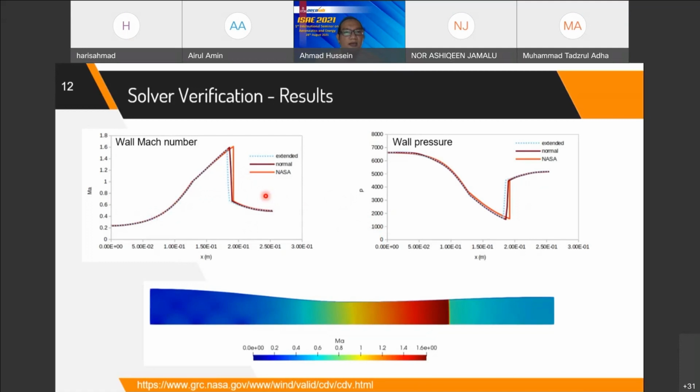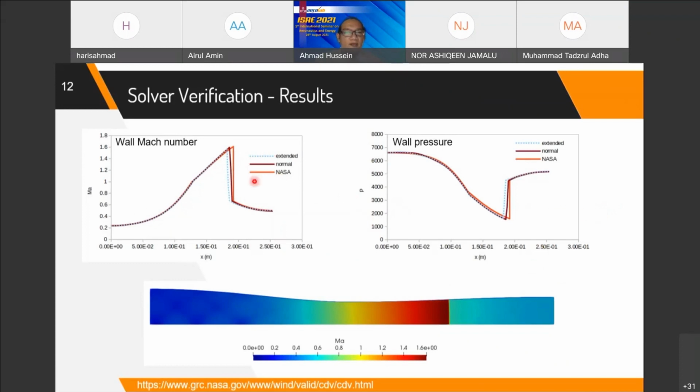And also the present code is able to predict the location of the shock. We have a normal shock here. So the present solver can also predict well the location of the shock wave. And the blue one, the extended one, is where we extend the domain to include the volume beyond the nozzle outlet.